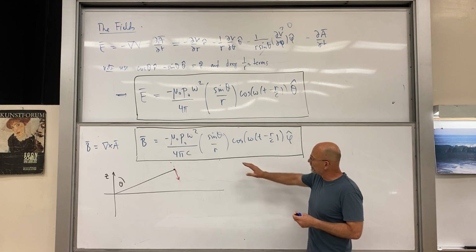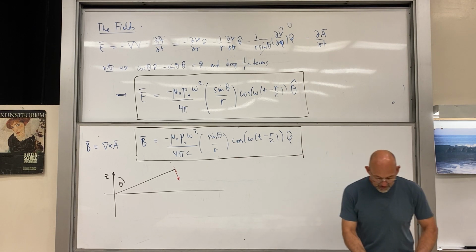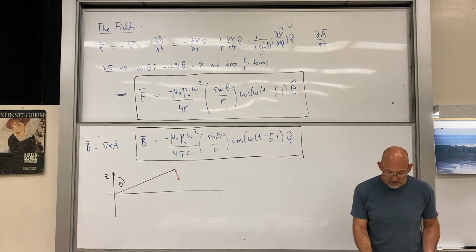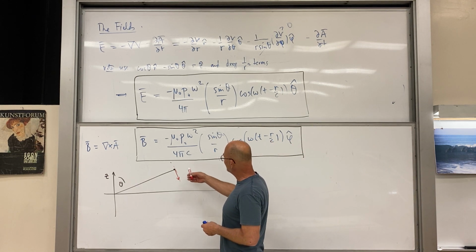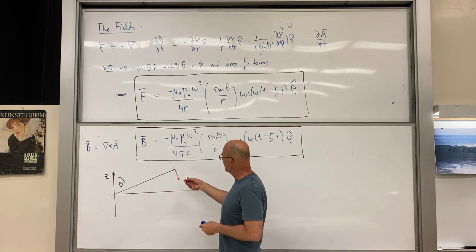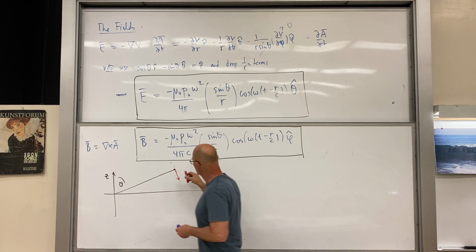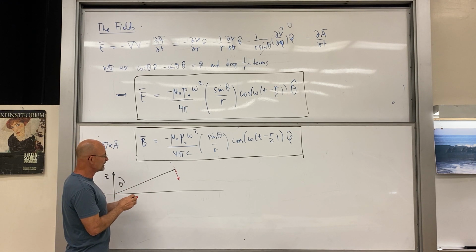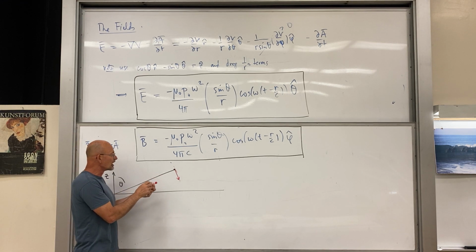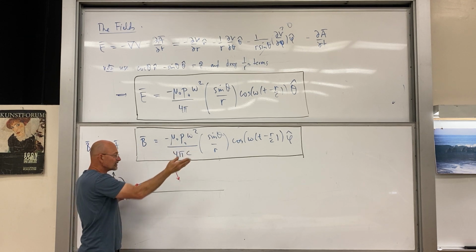So we can already see that when we go to the Poynting vector, E cross B, actually phi is going to be out of the board. Let's think about that. Into the board. Yeah, that's right. Into the board, E cross B is going to be pointing in the direction of r hat.